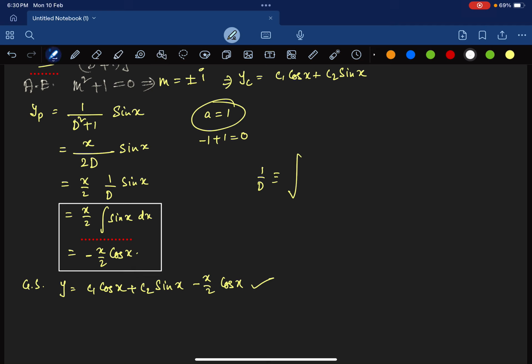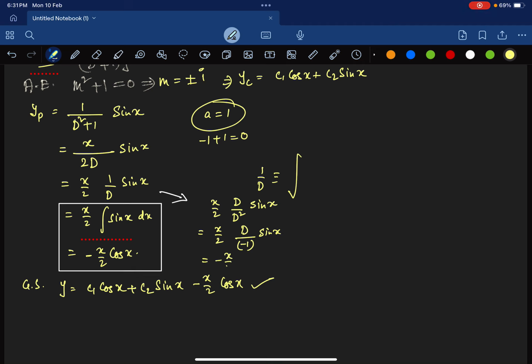Another technique: what you have is x by 2 times 1 by D, and here you can do D by D square, that means multiplying numerator and denominator by D. So immediately what you have here is sin x. In the next step, x by 2, in place of this D square, the previous understanding says you need to put minus a square. So minus a square means minus 1 square, that is minus 1, times sin x.